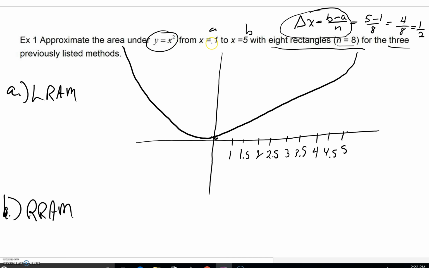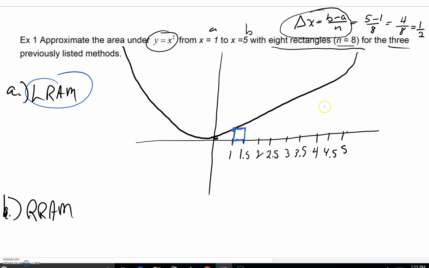Look, we know if we're going with 8 rectangles, and you can see all the bases there, if I'm doing LRAM, it's the left endpoint that determines my height. So my first rectangle occurs from x equals 1 to x equals 1.5, but the x value on the left actually is determining how tall that rectangle is.